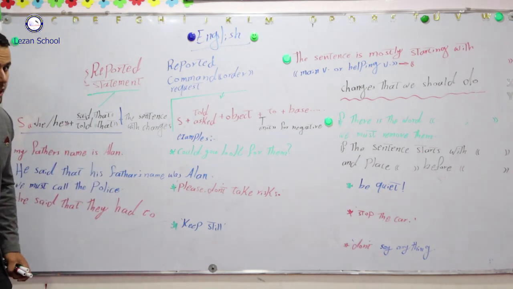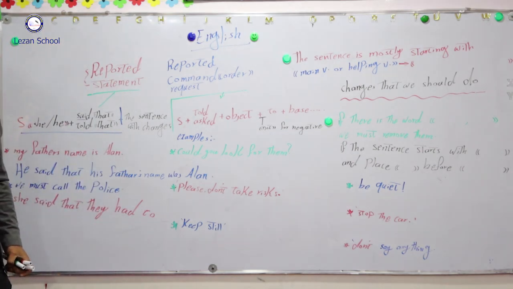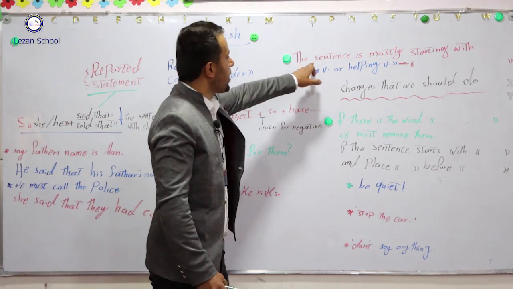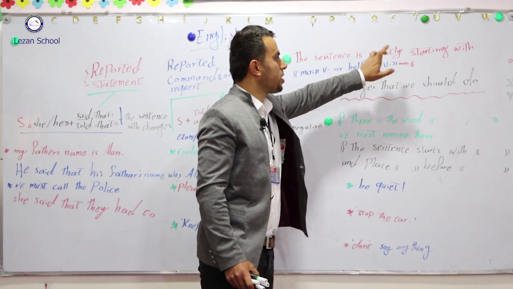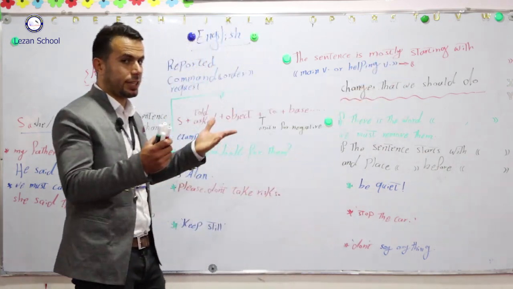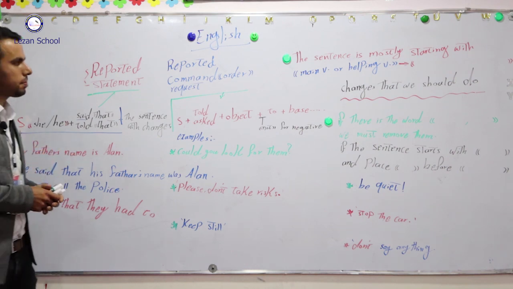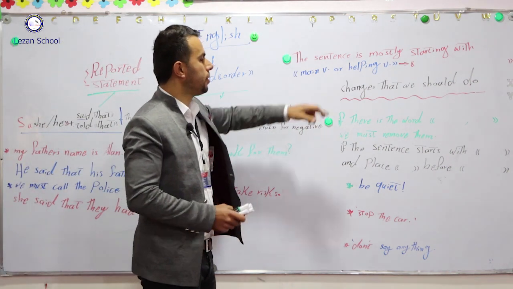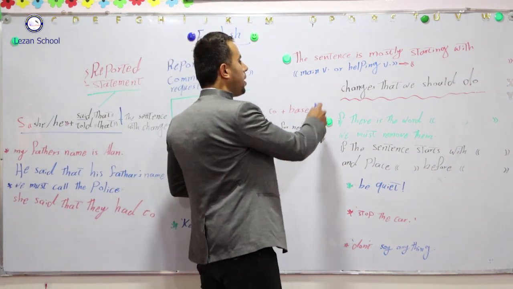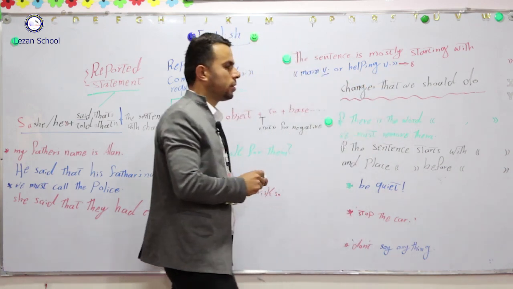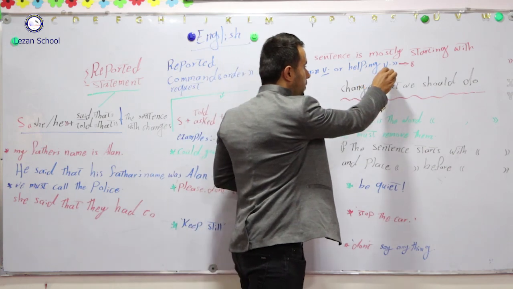How do we recognize a sentence which is a reported command or request? The sentence is mostly starting with, mostly, which means many times, with a main verb or helping verb.